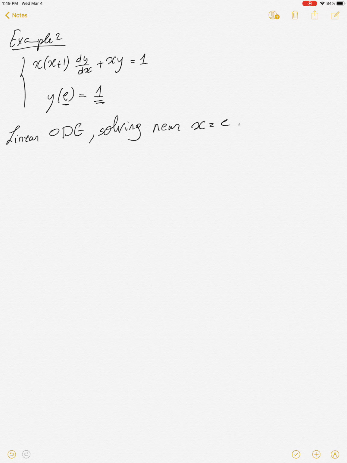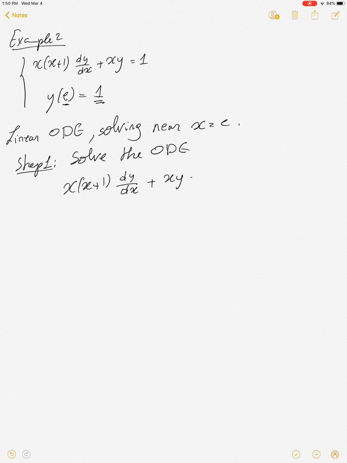So this means that I can divide. Step 1, let's say, is to solve the ODE x(x+1) dy/dx + xy = 1, which is linear. Now, since I'm solving near x equal to e, I can divide by the factor of y', which in this case is x(x+1). This is not 0 for x close to e.